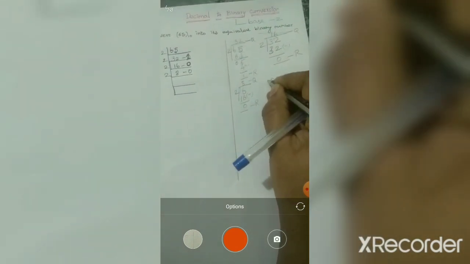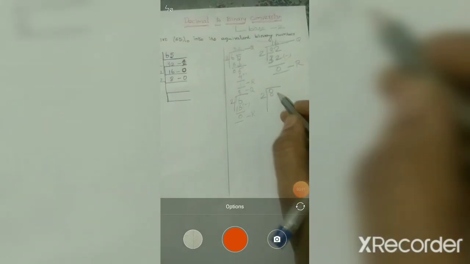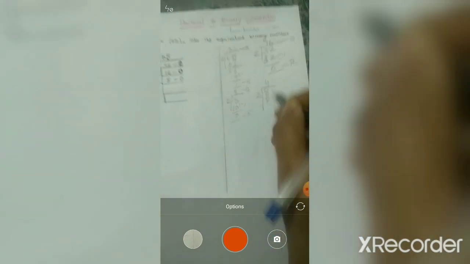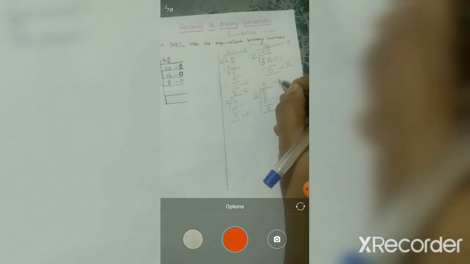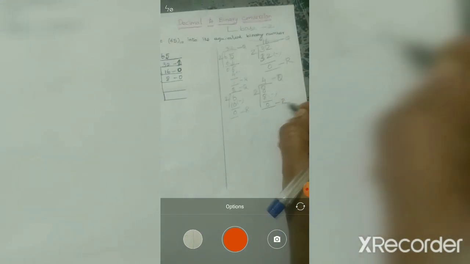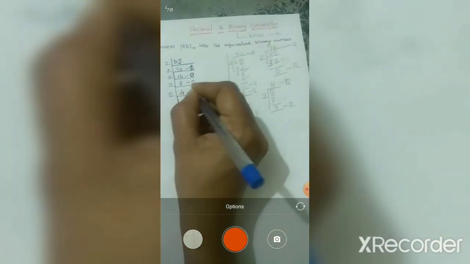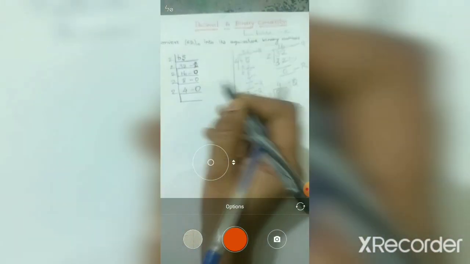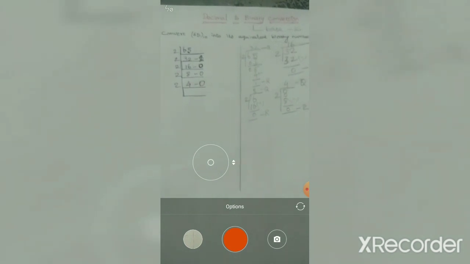Next, 8 is the dividend, 2 is the divisor. 4 2s are 8. Remainder is 0. 4 is the quotient, 0 is the remainder.